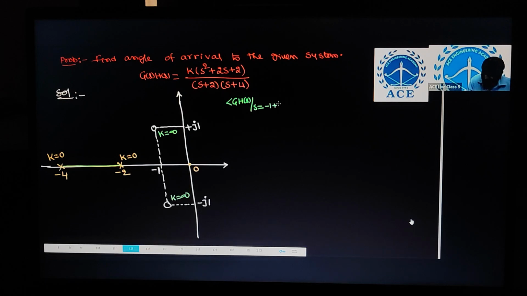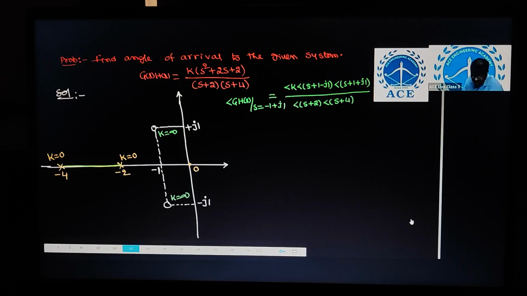Come on, calculator. Angle GH of S at S equal to where? Positive imaginary means -1 plus j1. Angle of K, angle of S plus 1 minus j1, angle of S plus 1 plus j1, divided by angle of S plus 2, angle of S plus 4. So check it once.